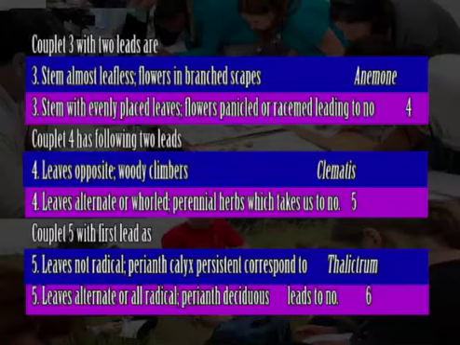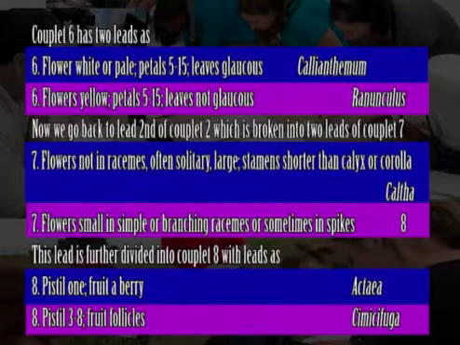Couplet 4 has the following two leads: leaves opposite, woody climbers, which signify Clematis, and leaves alternate or whorled, perennial herbs, which takes us to couplet number 5. Couplet 5 with first lead is leaves not radical, perianth calyx persistent, identifies Thalictrum. The second lead is leaves alternate or all radical, perianth deciduous, leads us to couplet number 6.